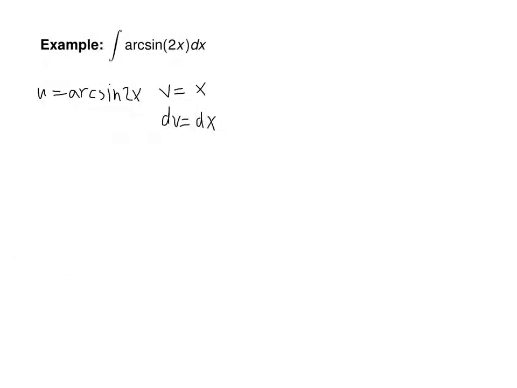And the derivative of arcsine of 2x will be 2 over the root 1 minus 4x squared. The 2 in the numerator comes from the chain rule.